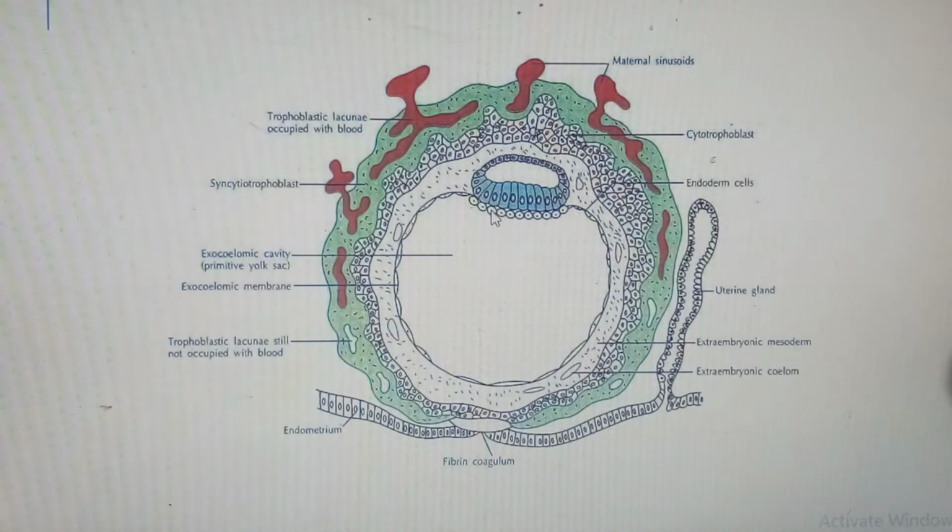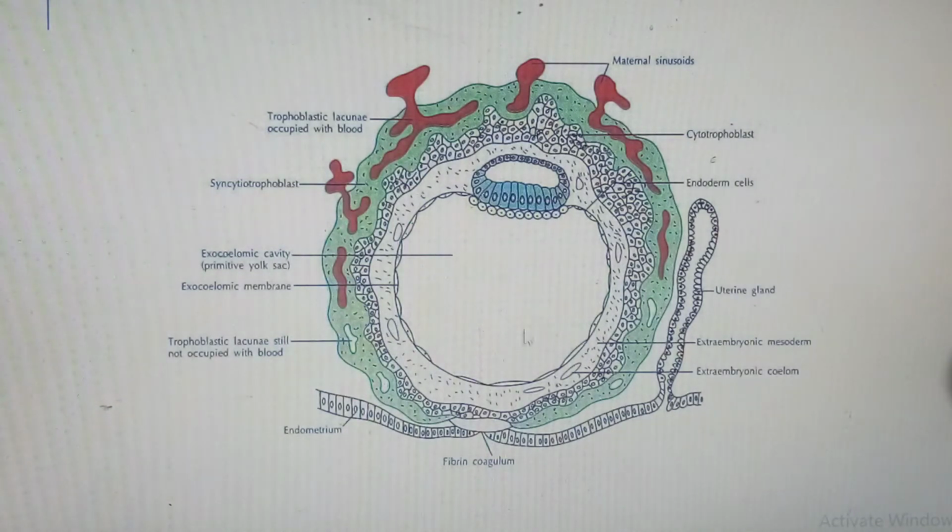Now if you look at this hypoblast, it gives rise to these cells over here. And these cells are what we call the exocoelomic membrane. These cells which arise from the hypoblast are the exocoelomic membrane, and it is given an eponym, Heuser's membrane. So Heuser's membrane is the same as this exocoelomic membrane, which arises from the hypoblast cells.